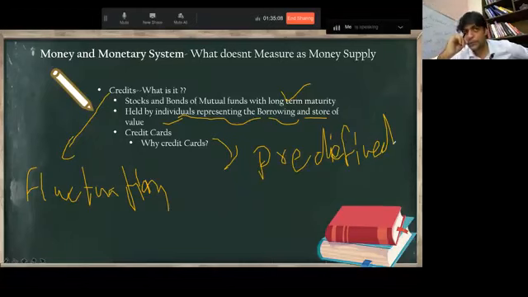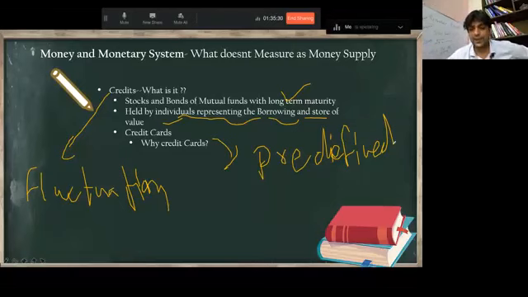I can use the credit card even if I don't have a deposit. There is nothing in my account, but I can still use the money. That's why we cannot include this money in the money supply, because other deposits are not established against the time of issue of the credit card.